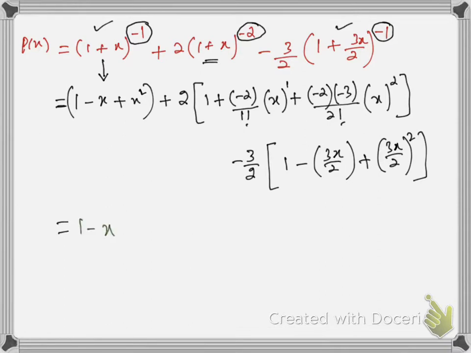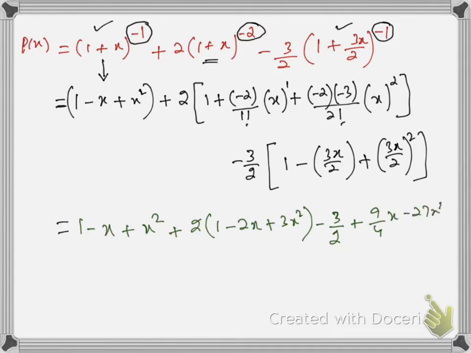Now we have 1 minus x plus x square, then 1 minus 2x plus 3x square, the simplified form of the second expansion, and the simplified form of the last expansion is minus 3 upon 2 plus 9 upon 4 x minus 27 x square over 8.